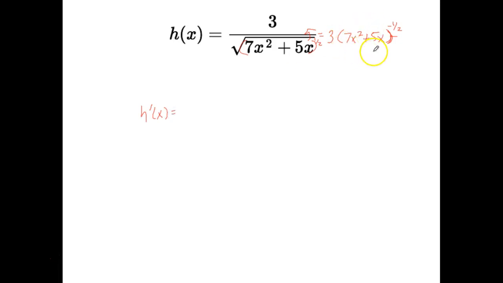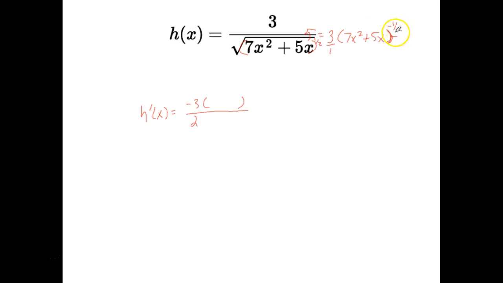Notice I have a function within a larger function. Okay, let's bring down this negative half, multiply with this 3. If you get confused with fractions, this is the same as 3 over 1. So 3 times negative 1 would be negative 3 over 2 times 1, 2. Okay, now let's put our parentheses. Okay, we need to subtract 1 from the exponent, right?